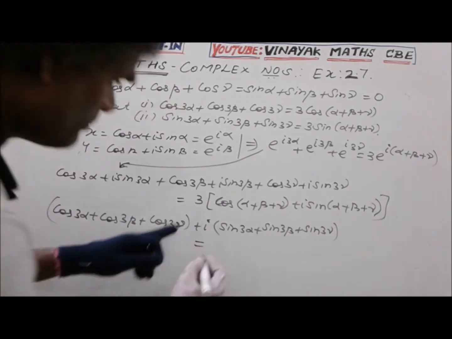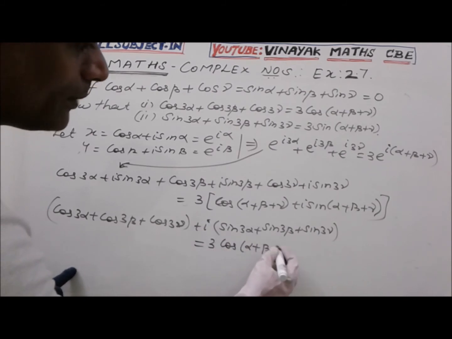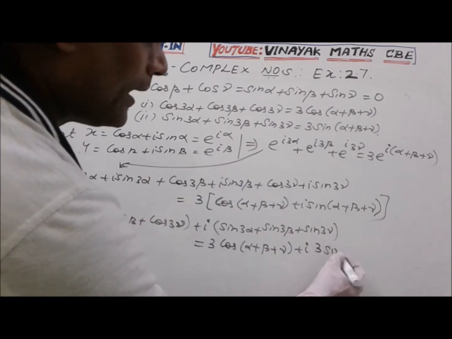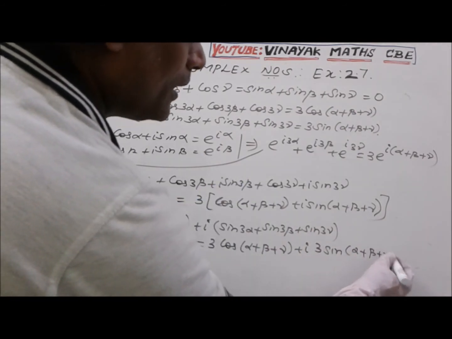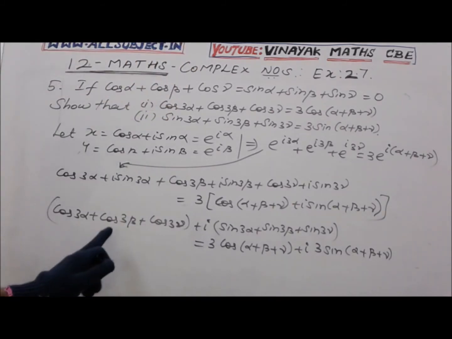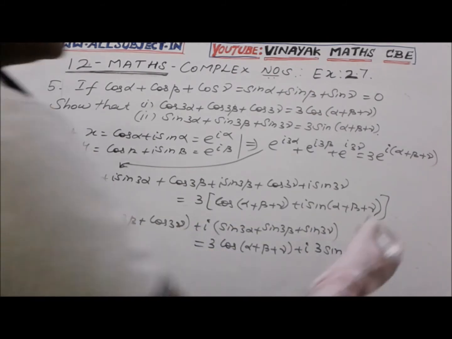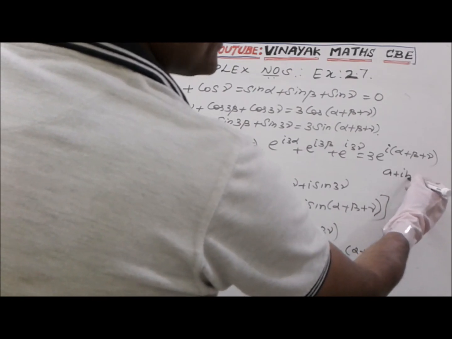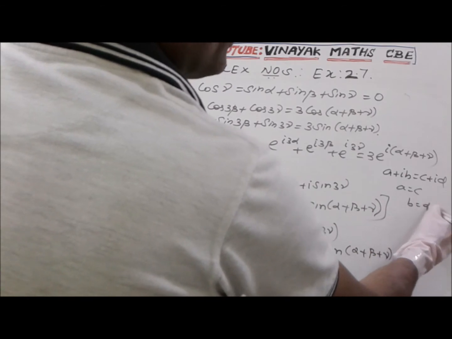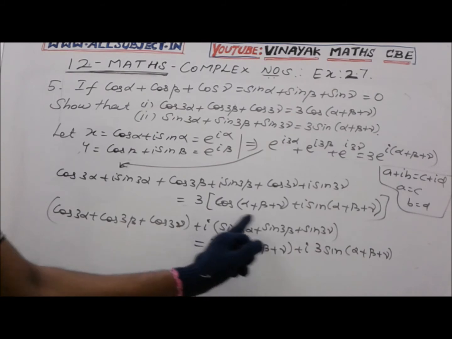That will be equal to, multiplying 3 inside, 3 cos(alpha plus beta plus gamma) plus i into 3 sin(alpha plus beta plus gamma). Now these two complex numbers are equal. That means the corresponding real parts and the corresponding imaginary parts are equal. Because of the equality of two complex numbers, a plus ib equal to c plus id, then a equal to c and b equal to d. By use of the above property, here the real parts are equal and the imaginary parts are equal.